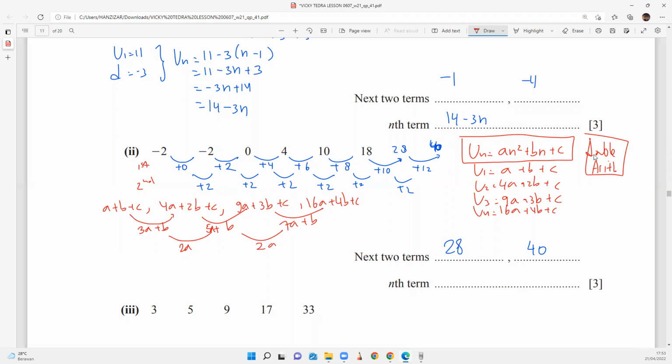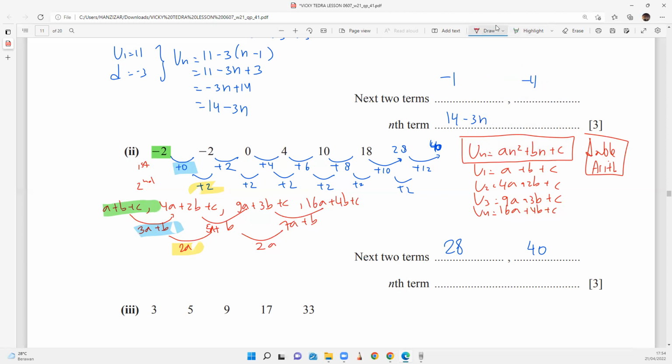So you can see the parallel. The parallel thing is 2a equals 2, right? And then 3a plus b equals 0, and then a plus b plus c equals -2, right? So that is the way you do.